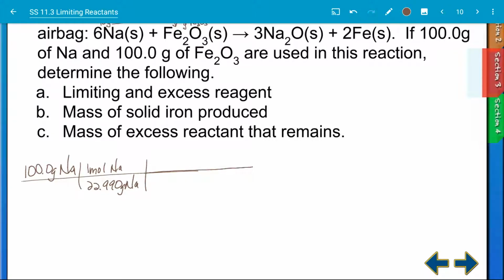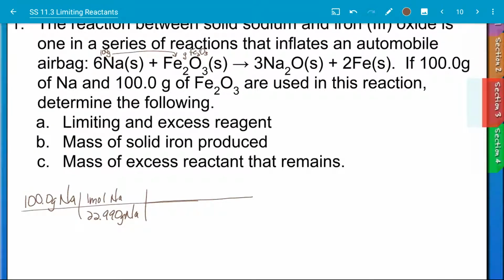Now I can go into moles of iron 3 oxide because I know for every 6 moles of sodium from my balanced chemical equation, I will react 1 mole of iron 3 oxide. And so now I can go from moles of iron 3 oxide into grams of iron 3 oxide and see how many grams of iron 3 oxide I will need.